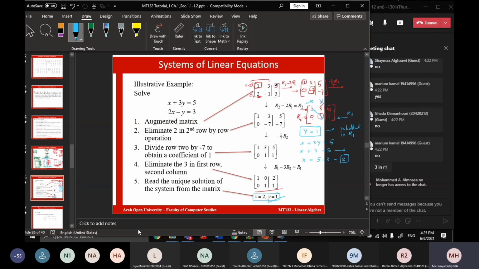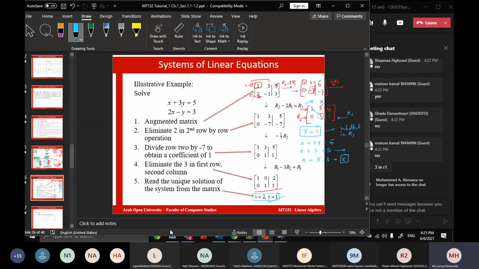Okay. So is it necessary to go to the reduced echelon form? Sometimes there is no need, unless the question asks you to reduce to the echelon form. And sometimes it may be needed for other reasons.